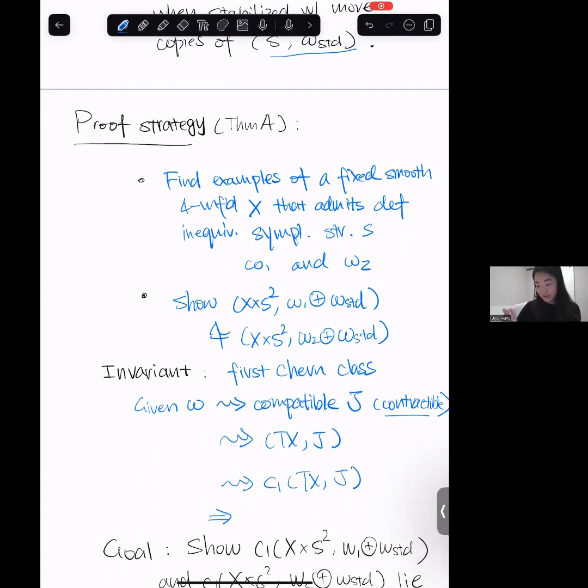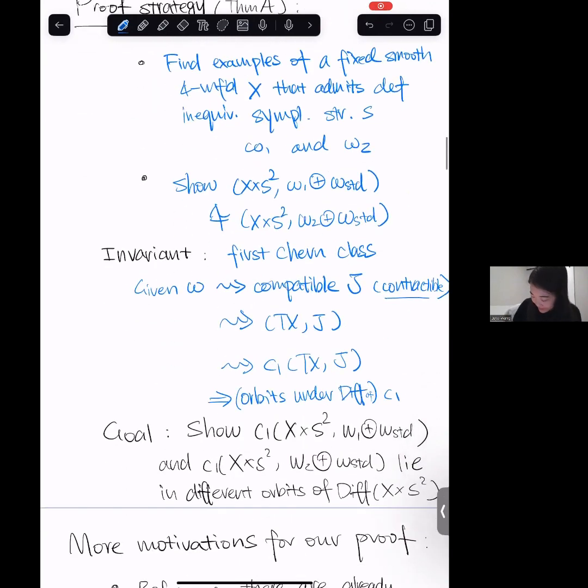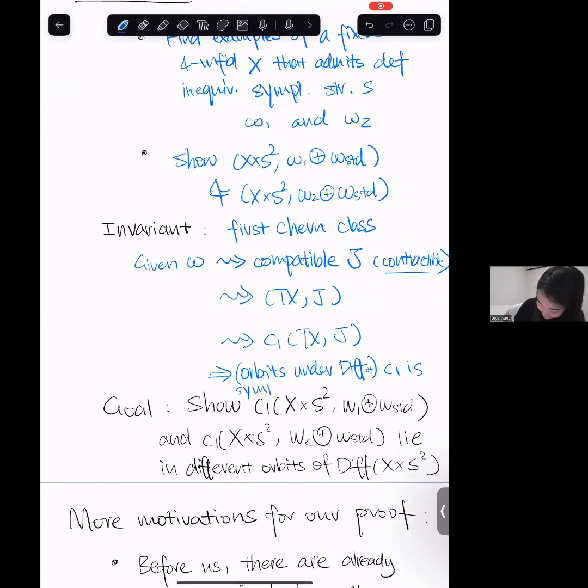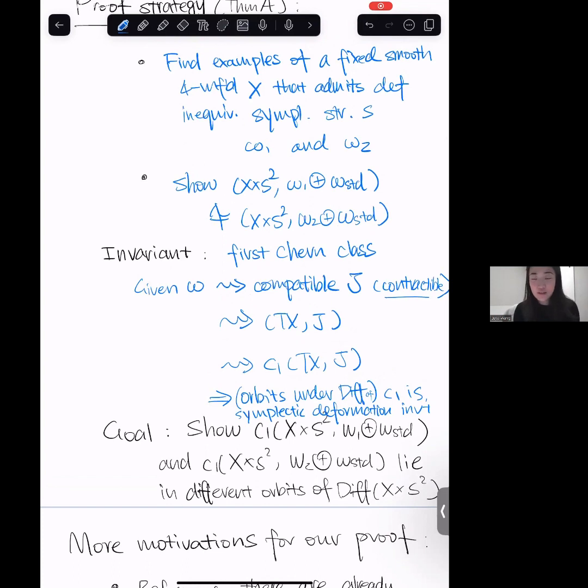So once you consider orbits under Diff of c1, this is a symplectic deformation invariant, because our definition of symplectic deformation invariance requires you to consider all diffeomorphisms.